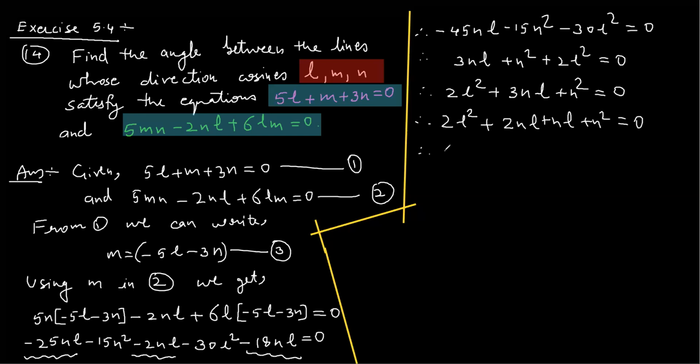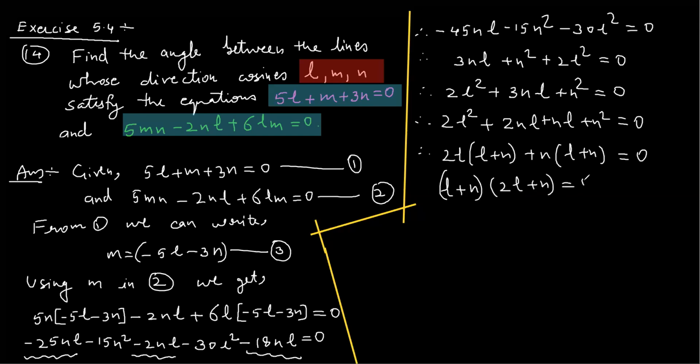Taking 2L common, I will get L plus N, and then taking N common, I get L plus N. Now I take L plus N common. When I take L plus N common, I will get here 2L plus N equals 0.